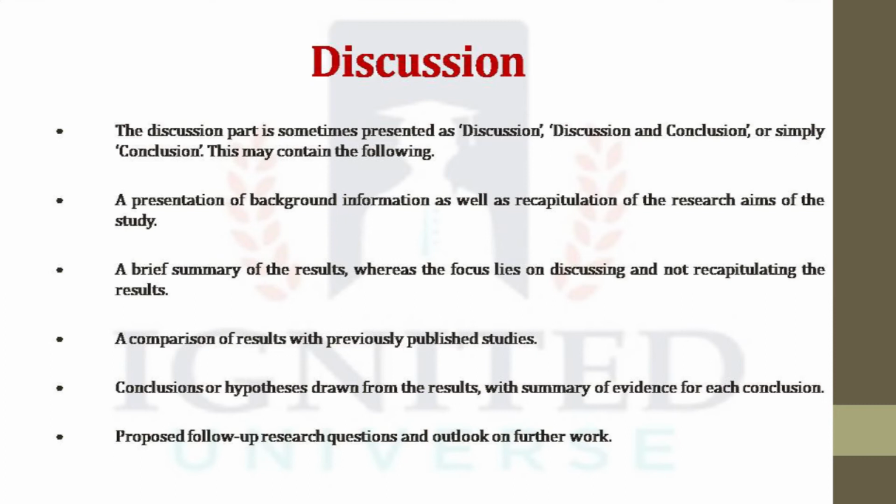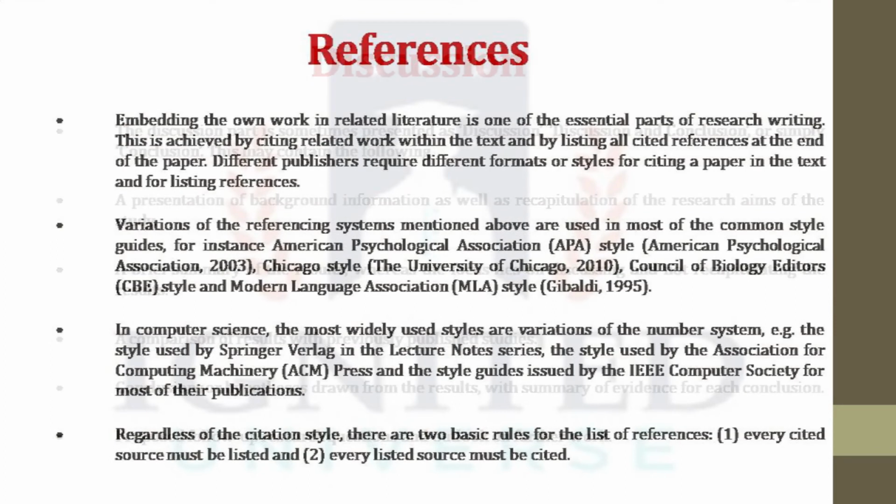Then proposed follow-up research, future work, outlook for further work, all these should be kept in the discussion section. Do keep in mind that your abstract should be in alignment with the discussion section. That is one of the major things to be considered while writing a research paper. And then finally, once all this is done, we move on to the references section.